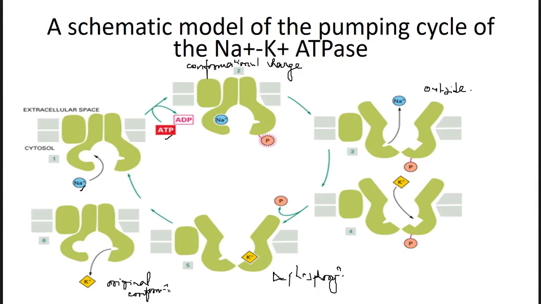So again I repeat, in the first stage there is the sodium binding, then there is ATP hydrolysis. This ATP hydrolysis causes the conformational change and causes the sodium to be released outside. 3 sodium will be released outside. After the sodium is released, potassium will bind in.